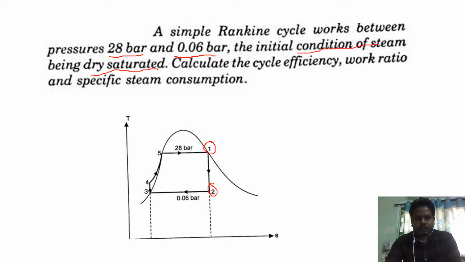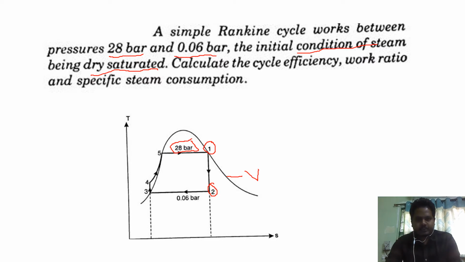As given in the problem, the initial condition of steam is dry saturated, which means point 1 is on the saturated vapor line and the corresponding pressure is 28 bar.